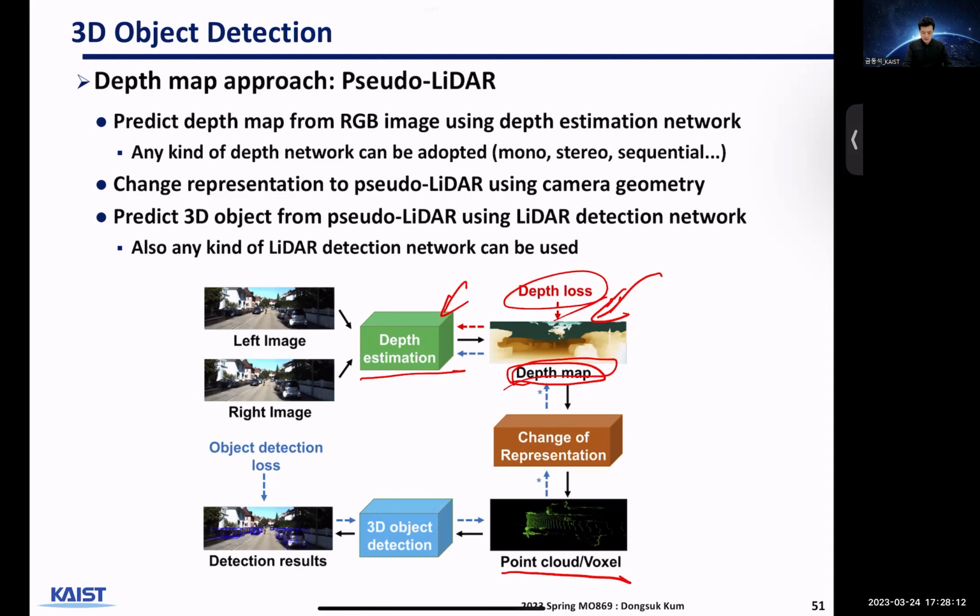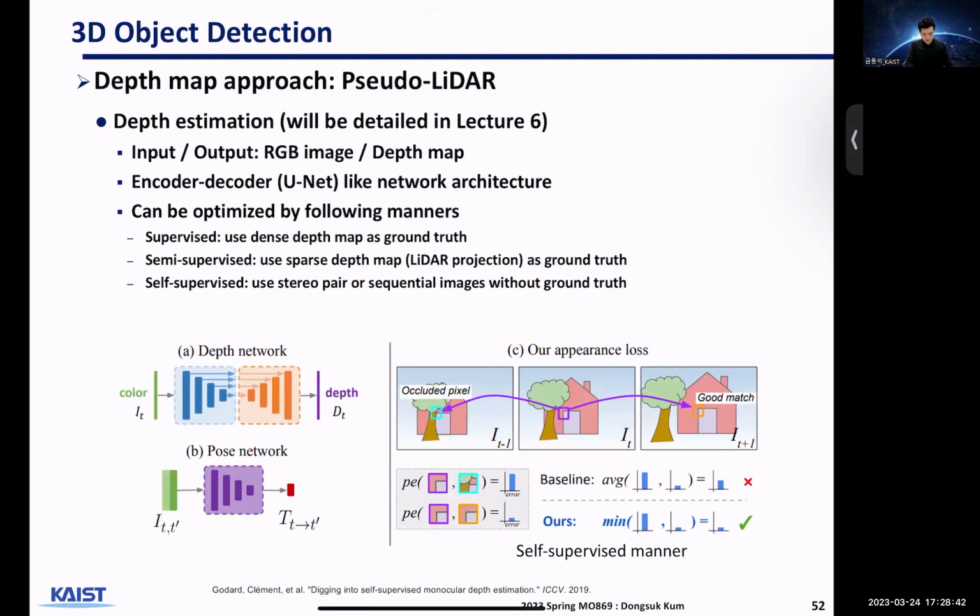So here the information was a 2D image, a dense depth map. So at pixel level, there is distance information, but here you have a sparse point cloud. Okay. And then using a 3D object detection network, you can detect objects. Okay, so this was the pseudo LiDAR approach.